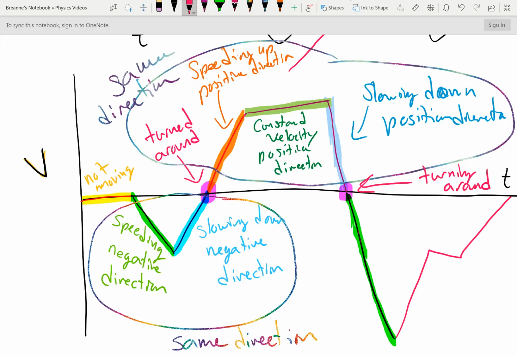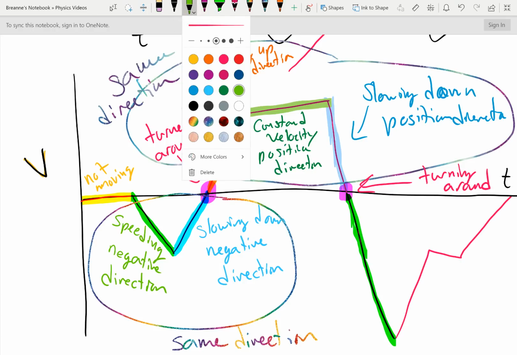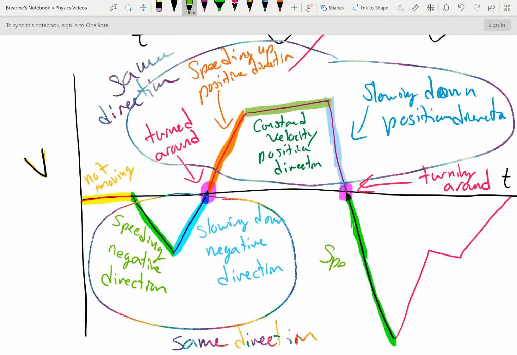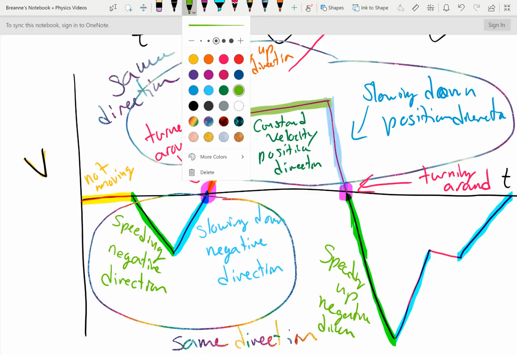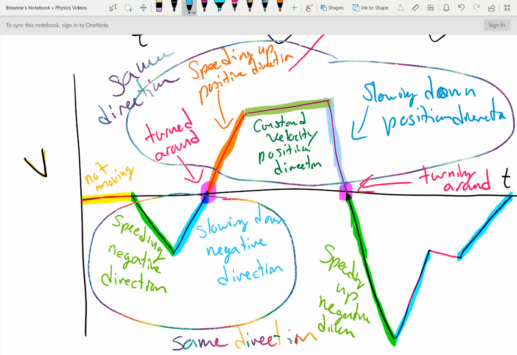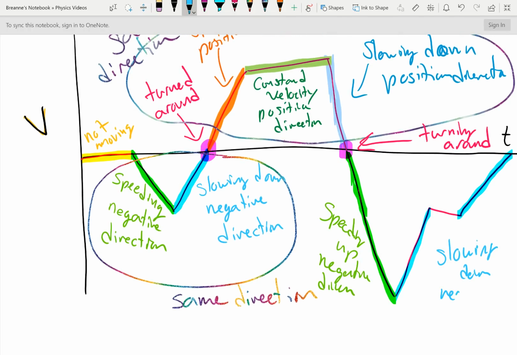So again, you're speeding up in the negative direction. Here and here, you would be slowing down in the negative direction.